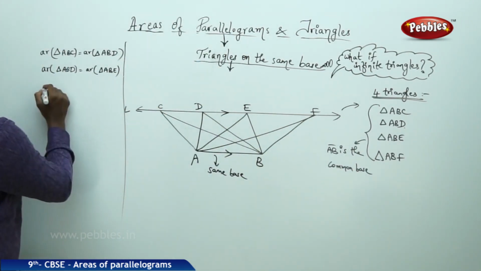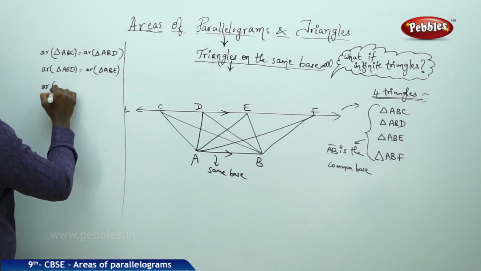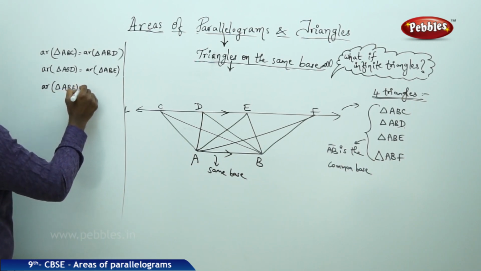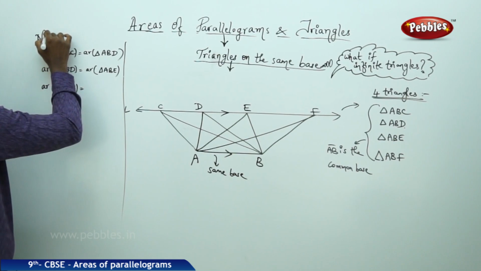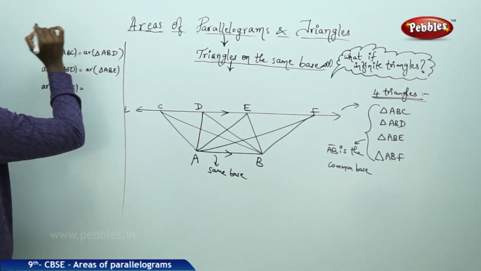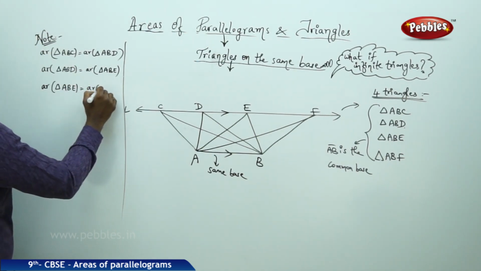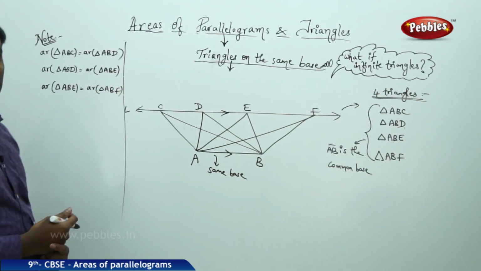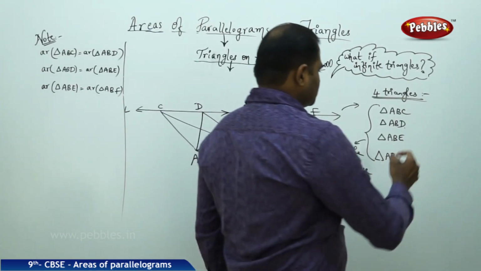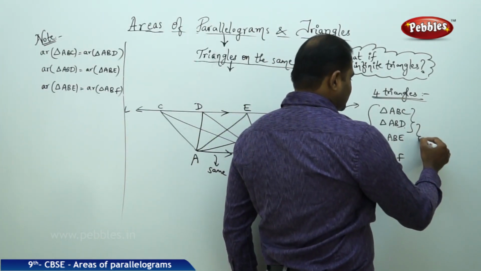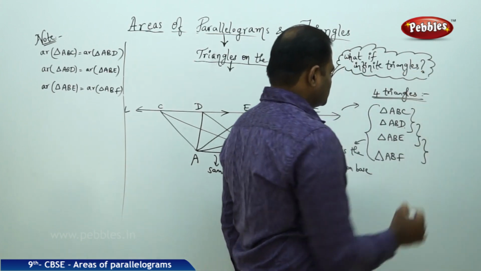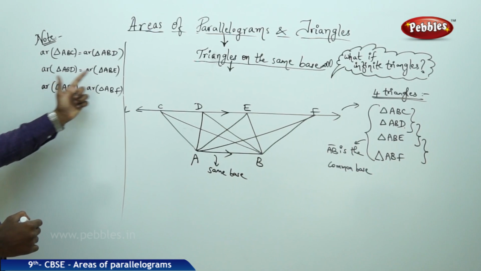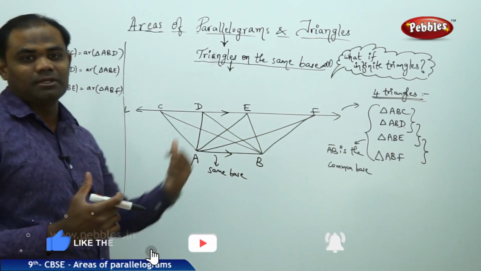Therefore, area of triangle ABE equals area of triangle ABF is what we see when I take the first 2 in pairs, then the second 2 in pairs, then the last 2 in pairs. So I have totally 3 pairs which define areas of each triangles being equal.